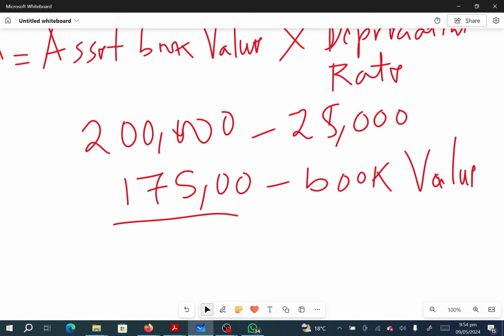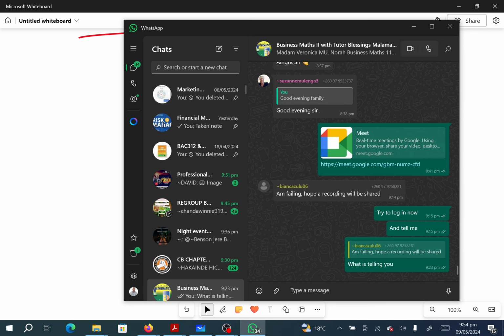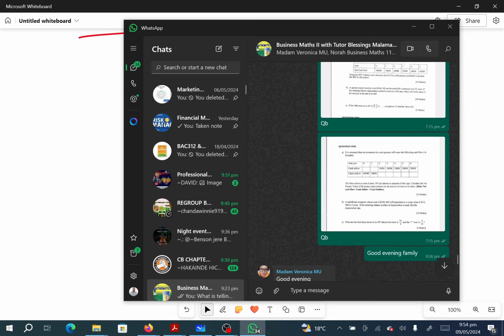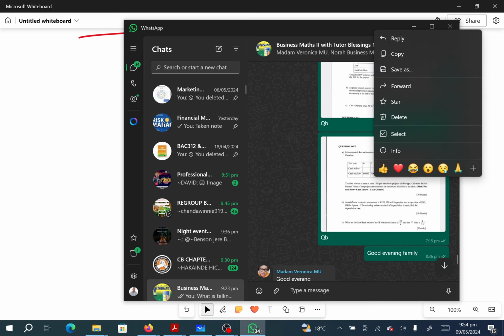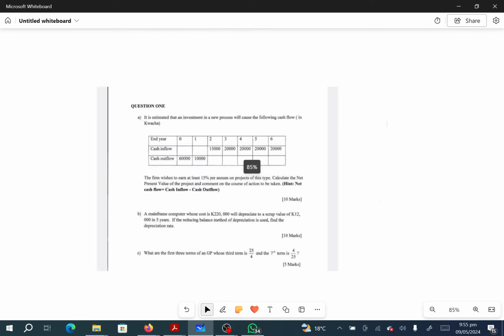So let's look at an example. Let me just copy. I had sent a question in the group. Where is it? I'm just trying to look for the question I sent in the group. Okay, I think I've copied it.